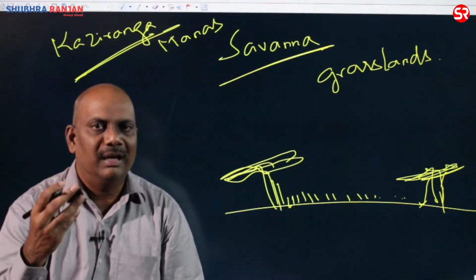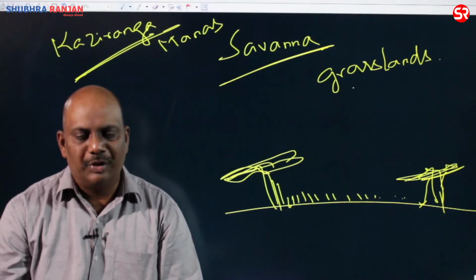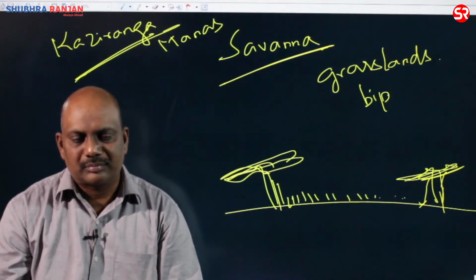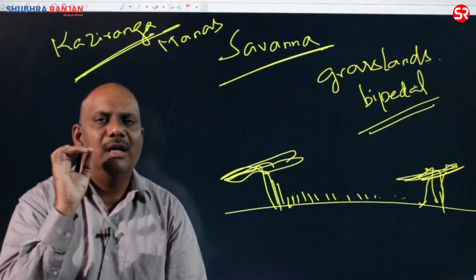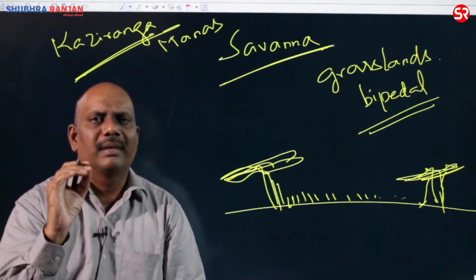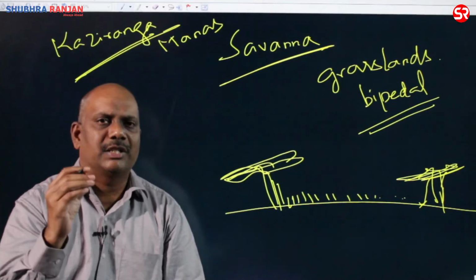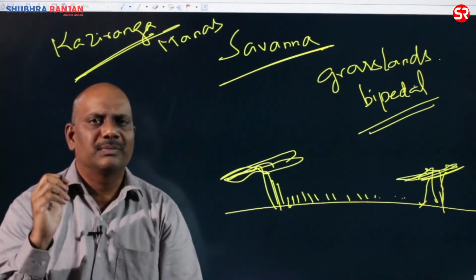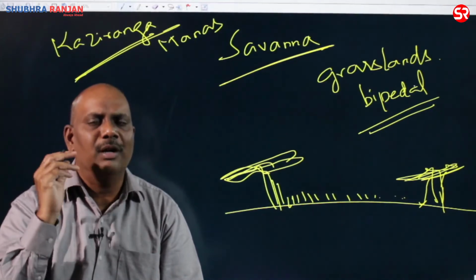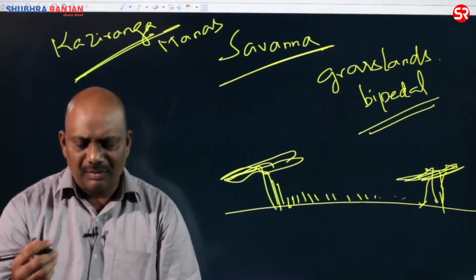And soon they developed bipedal locomotion. So keep in mind, Australopithecus were the first human ancestors to walk on the earth using 2 legs. That is bipedal locomotion.